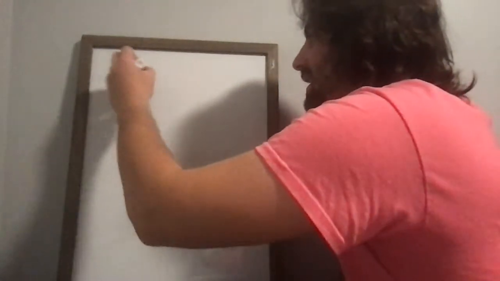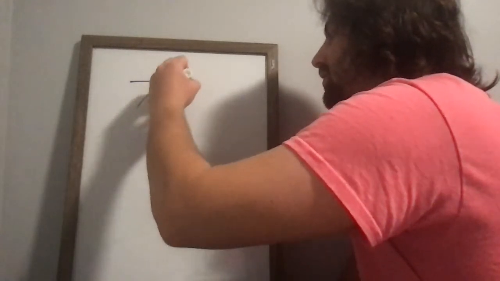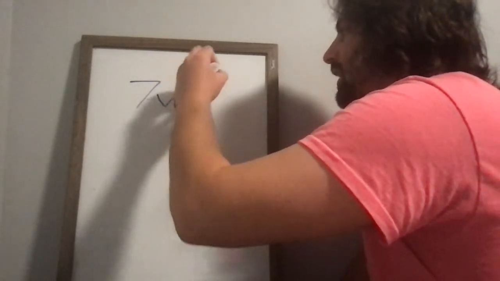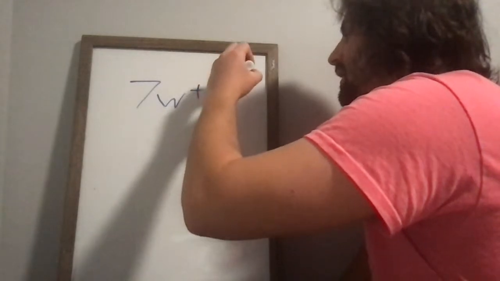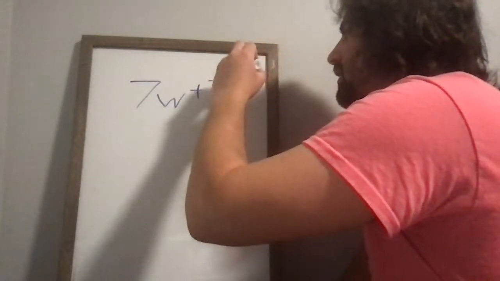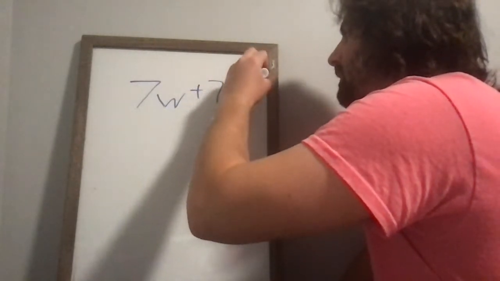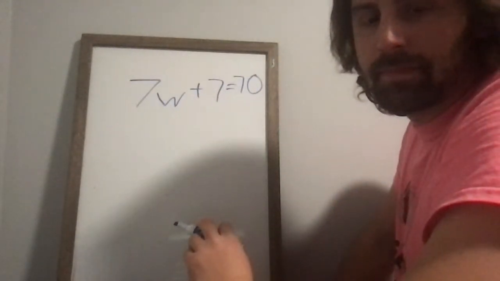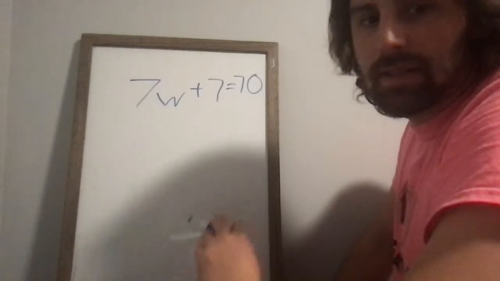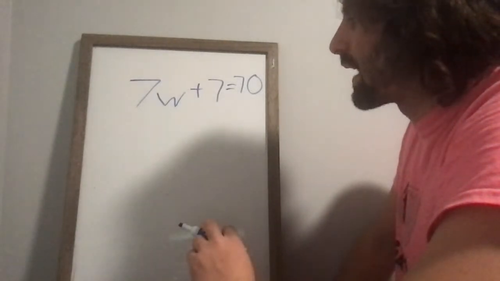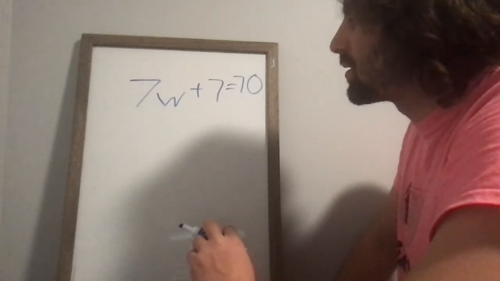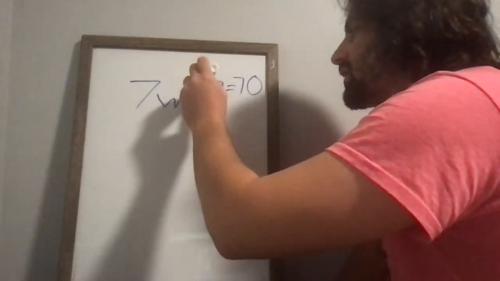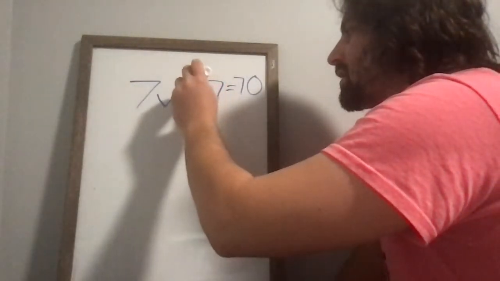Since somebody just popped in the chat, I'll do another one. Why not, right? All right, 7w plus 7 equals 70. So step number 1 is we got to figure out what 7w equals. So since the operation here is addition, we got to subtract.